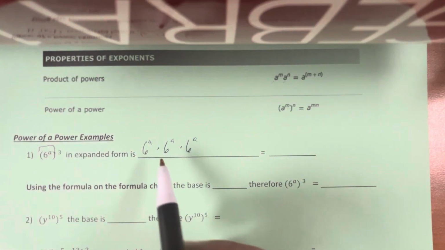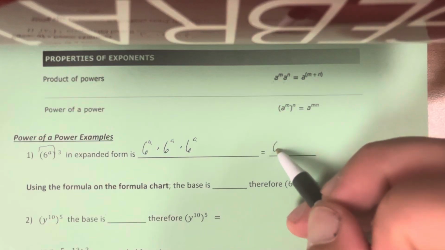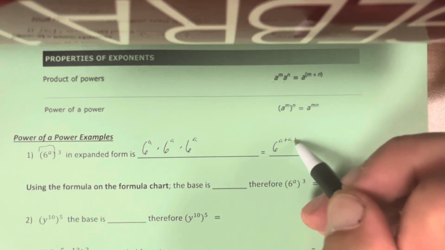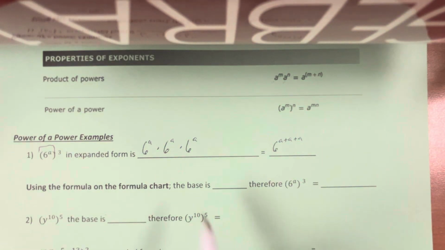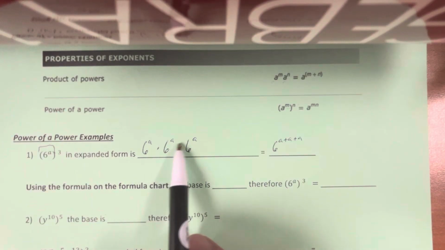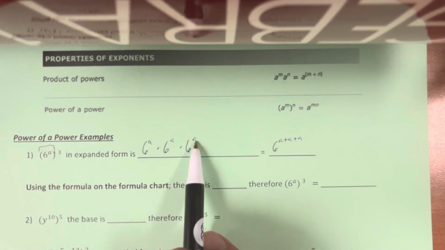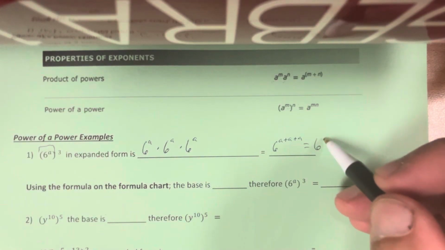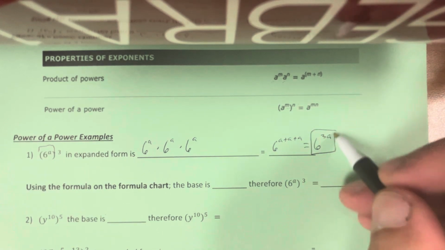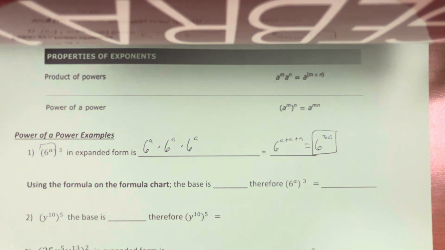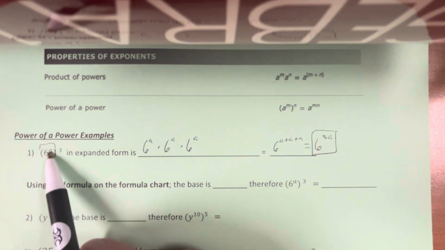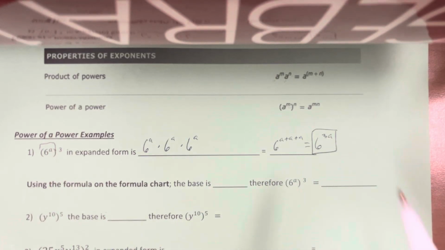Now, like we did yesterday, it's going to be 6 to the a plus a plus a, because when you multiply like bases, you add the exponents together. So a plus a plus a is 3a. That's my final answer. And again, we could have gotten that by multiplying the exponents together: a times 3 is 3a.